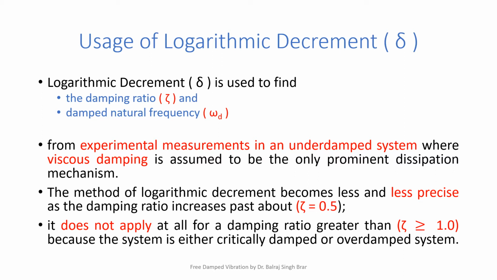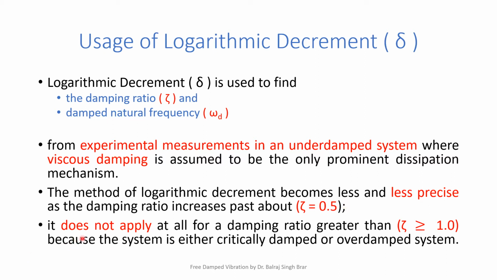The method of logarithmic decrement becomes less and less precise as the damping ratio increases past zeta 0.5. So usually it gives very good results when zeta is less than 0.5.